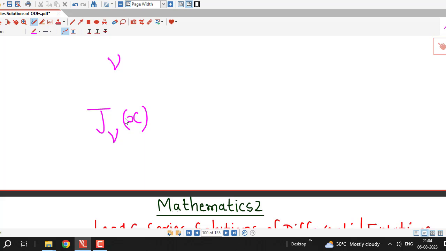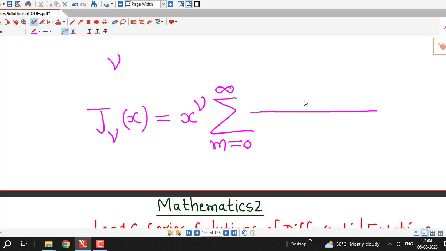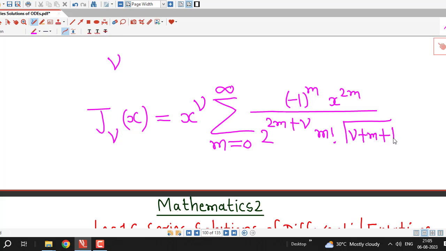It is denoted by J nu x and it is given by x to the power nu, sigma m equal to 0 to infinity, minus 1 to the power m x to the power 2m, over 2 to the power 2m plus nu, into m factorial and gamma nu plus m plus 1.